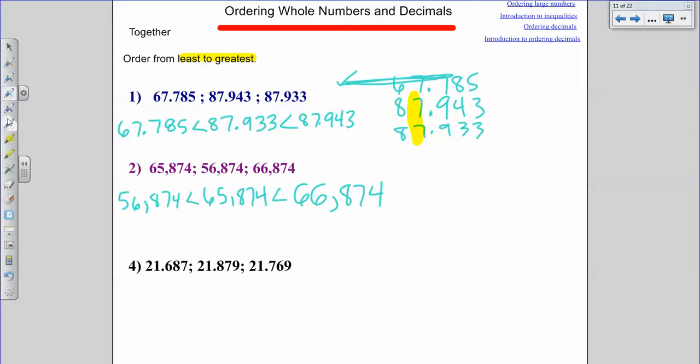All right, this is going to be a good one here because we're going to need to line up our place values. Okay, so same process. I see that I have 21 and something. So I'm going to start by looking at these place values.